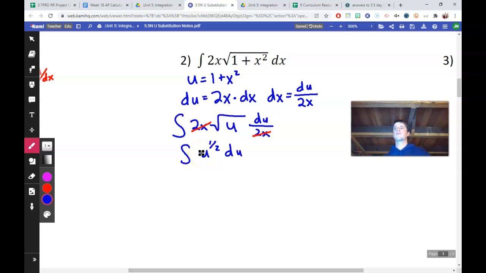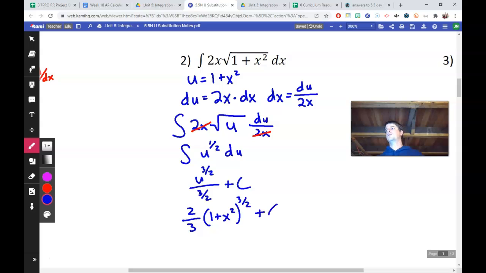And so now we can use our power rule. So let's add 1, divide by that same number. Don't forget to add our constant. And we get 2/3, but I don't want to leave it in terms of u. I need to put the 1 plus x squared back in here, and to the 3/2 power plus c.